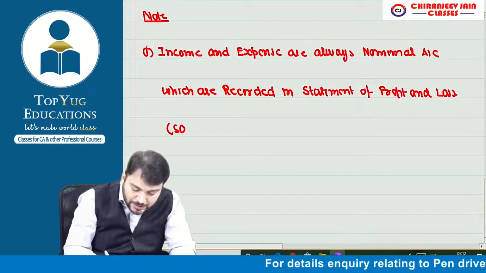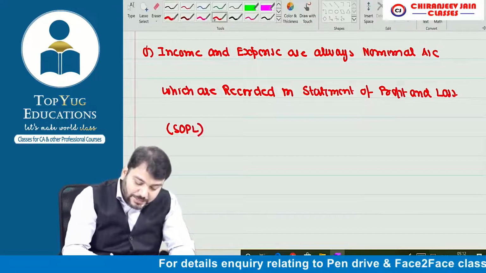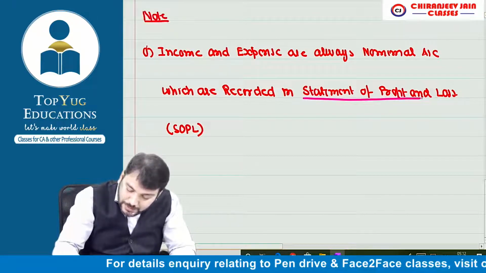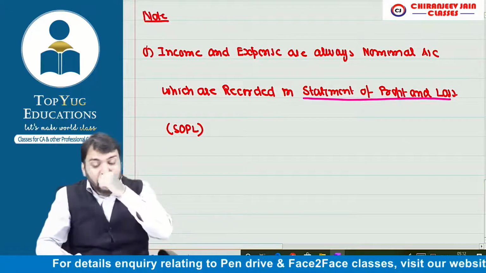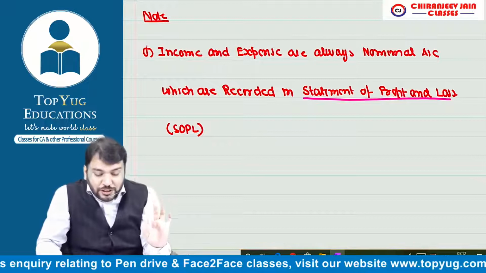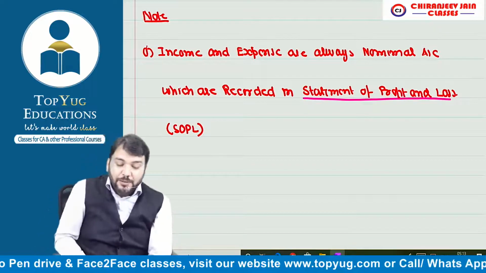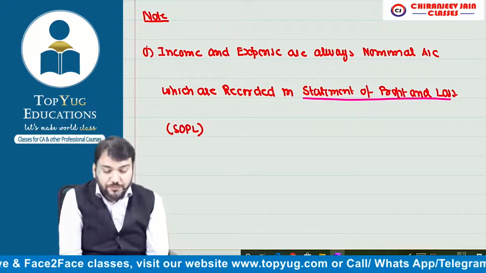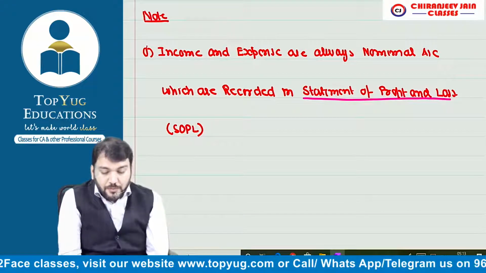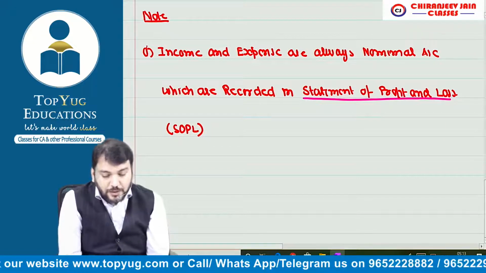We call it lovingly SOPL. Is this statement correct? Understood this statement? So income and expense are always nominal accounts which are recorded in what? Statement of PL. Correct? Understood? Understood this point? Correct?